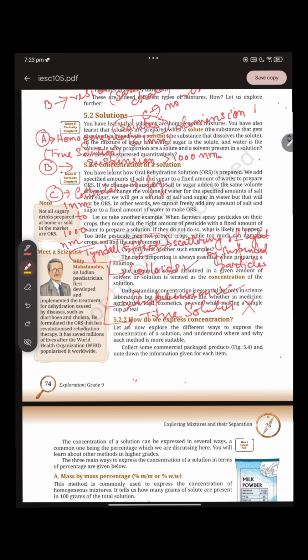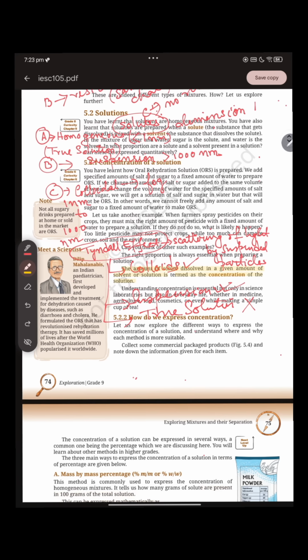The amount of solute dissolved in a given amount of solvent or solution is known as concentration of the solution. That means in a fixed amount of a solution or solvent, how much of the solute is dissolved.